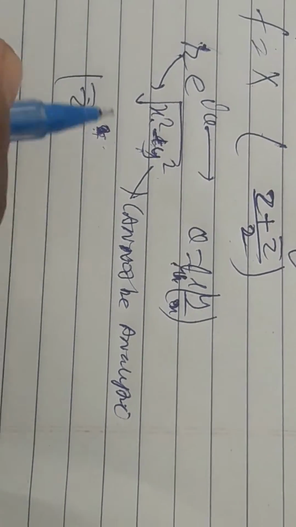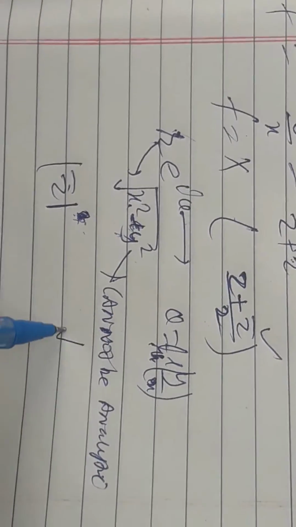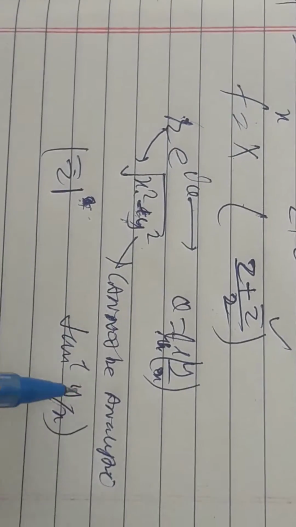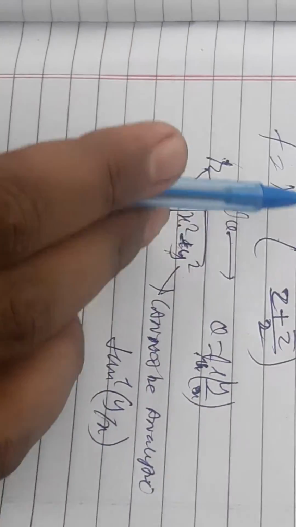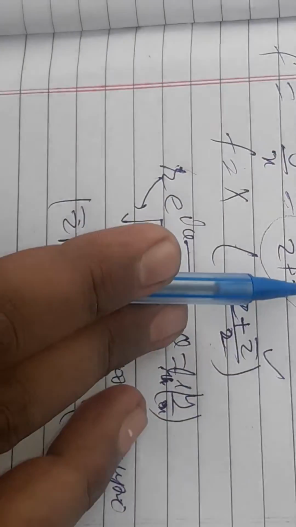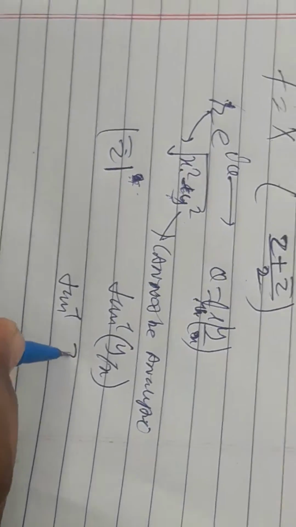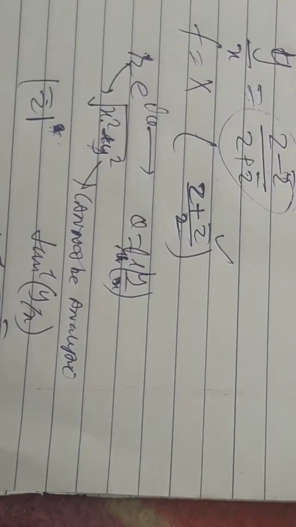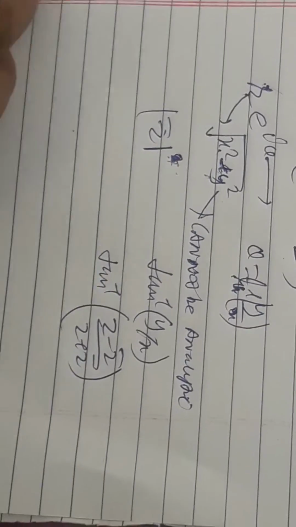Similarly, tan inverse y upon x: you know that y upon x can be expressed as z minus conjugate over z plus conjugate, so the conjugate will be involved and it cannot be analytic as well.